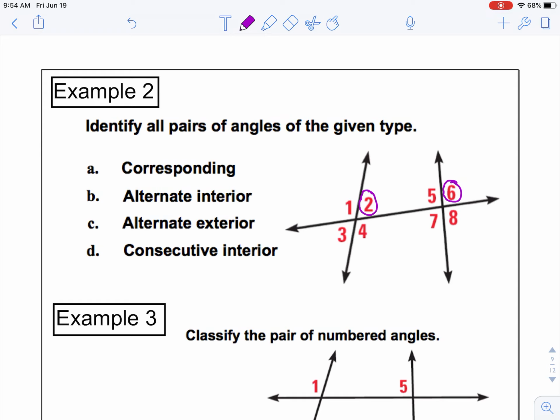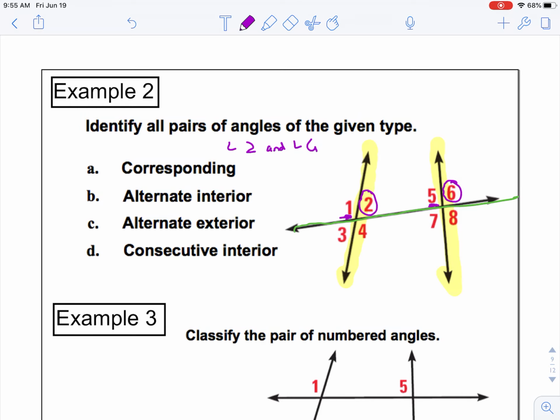A pair of corresponding angles would be 6 and 2. Again, the picture is drawn in a different direction maybe, but that's okay. Here's your transversal. Now if you look at these angles, they're both on the left side of the lines and above the transversal. So angle 2 and angle 6.